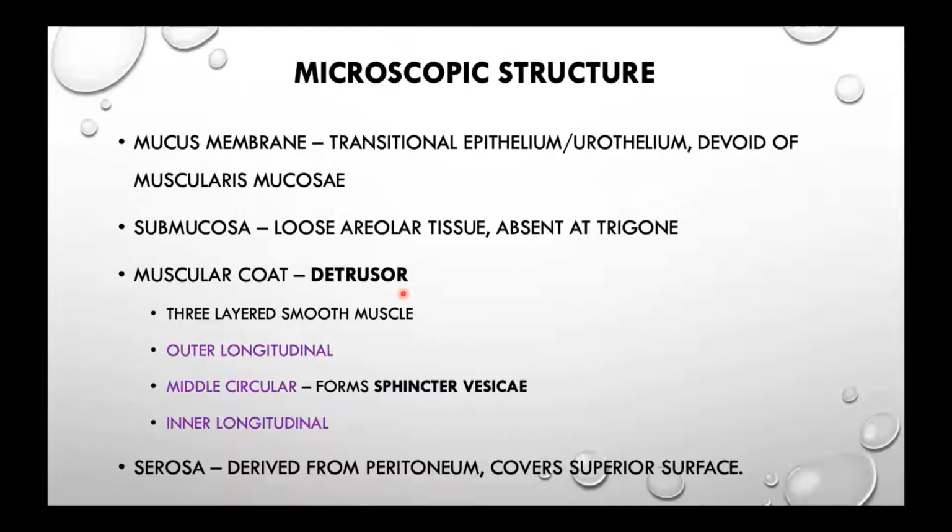The middle circular layer forms a sphincter around the neck of the bladder, which we call the sphincter vesicae, or the internal urethral sphincter. Then we have the serosa, derived from the peritoneum, which covers the superior surface of the bladder.